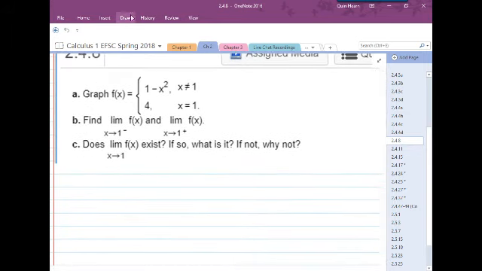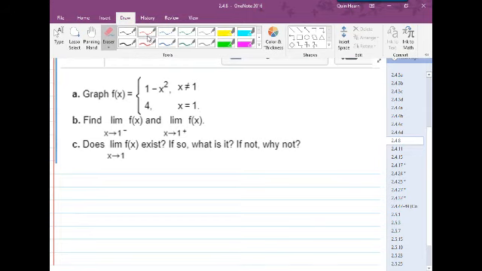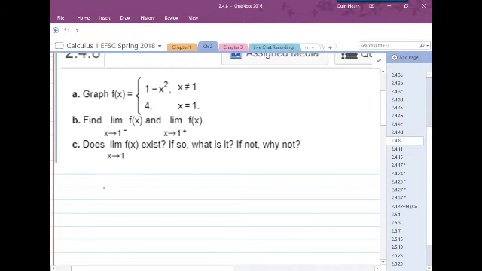Okay, so when you're asked to graph a piecewise defined function, what I like to do is to make different f of x charts for each piece, especially until you get used to making these graphs. And this one is going to be true for any x values that are not equal to 1.